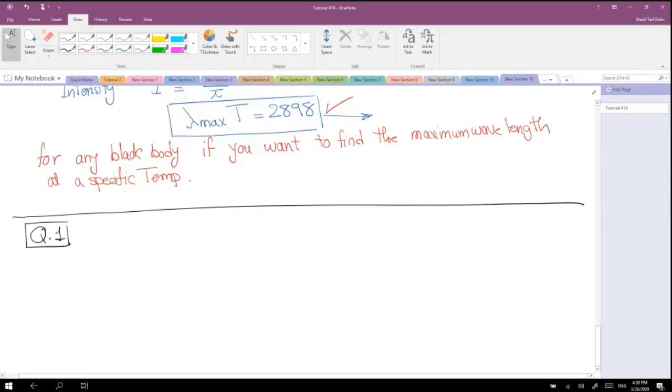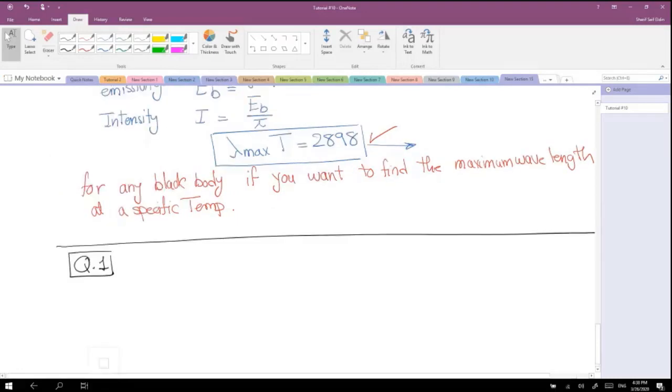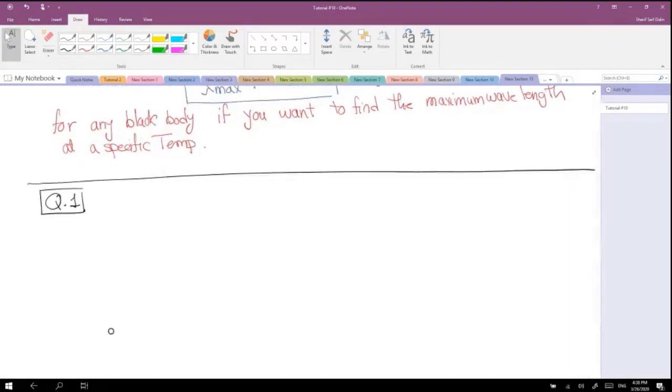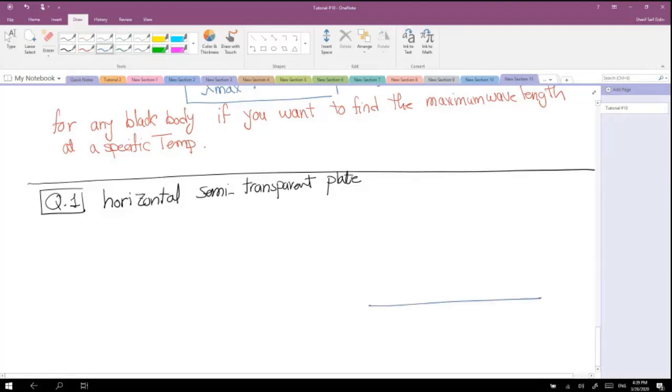Question number one: there is a horizontal semi-transparent plate, so let's draw the plate here.